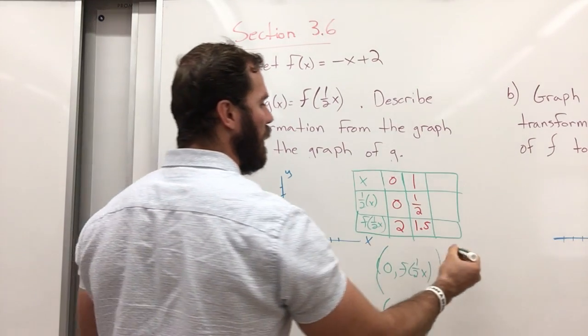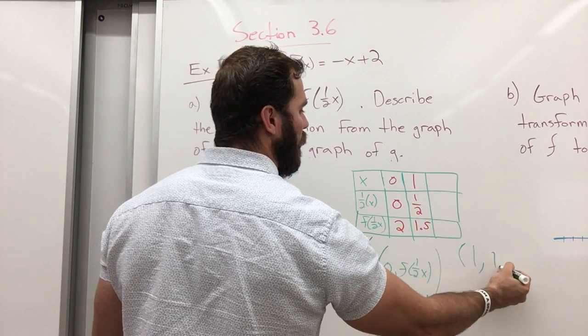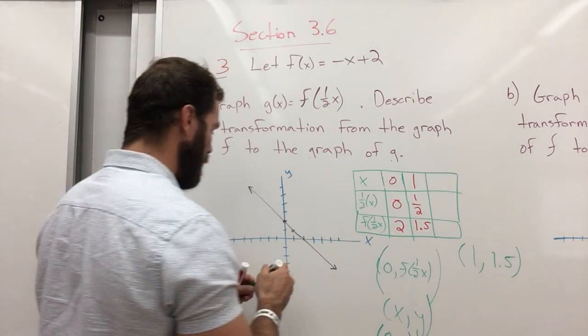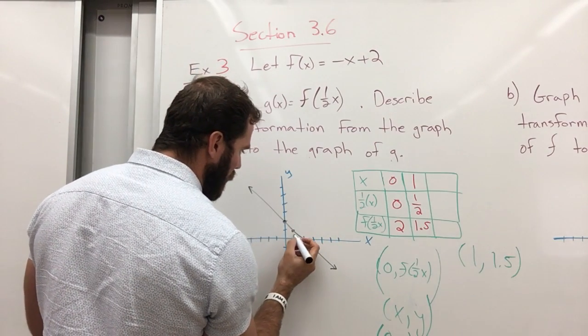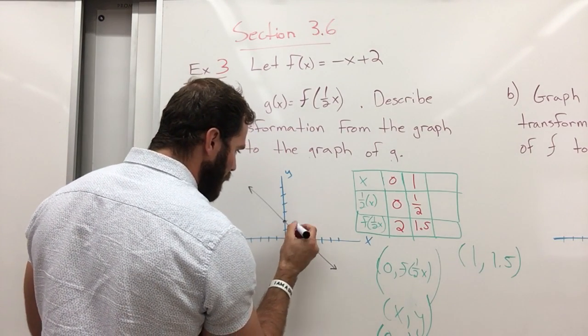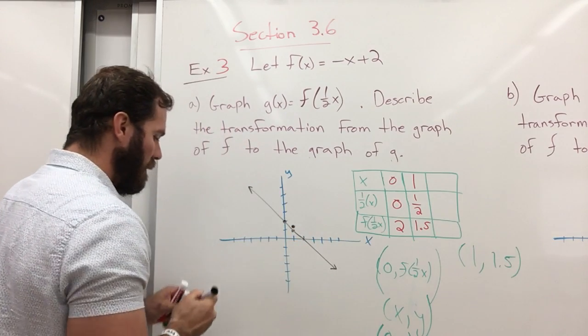So we have a new point. X is 1, y will be 1.5. So when x is 1, we have 1.5. So I'm just barely moving it up right there.